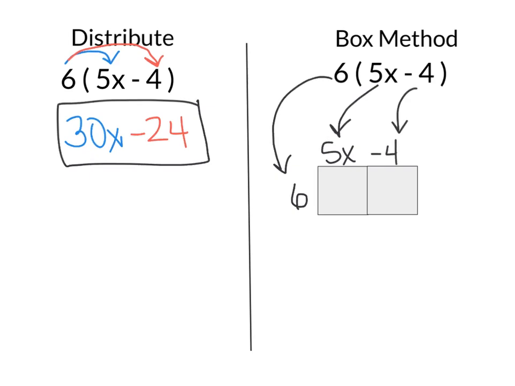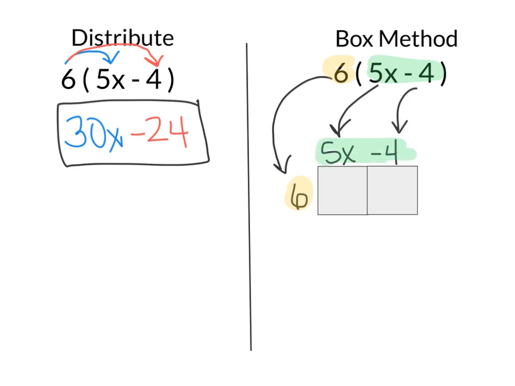So I have a 2-by-1 table, so to speak, or a 2-by-1 box setup because I have one value on the outside of my parentheses. That's going to be this 6 here. That's the one value. And then inside my parentheses, I have two values. I have a binomial, and those are the two values that you see here.